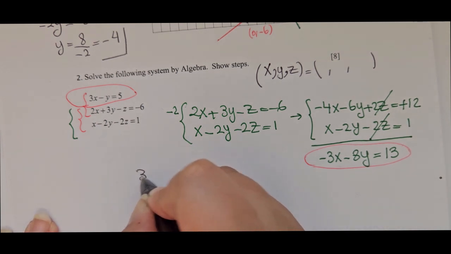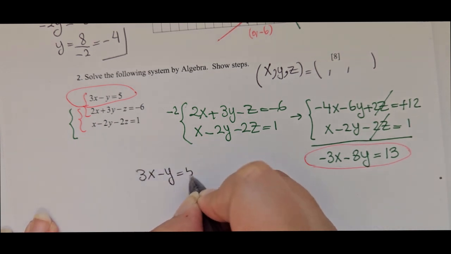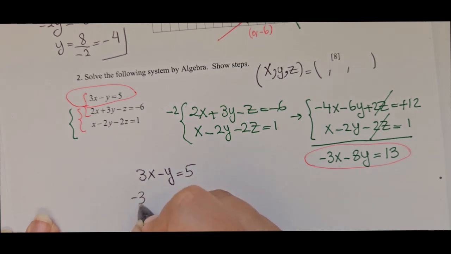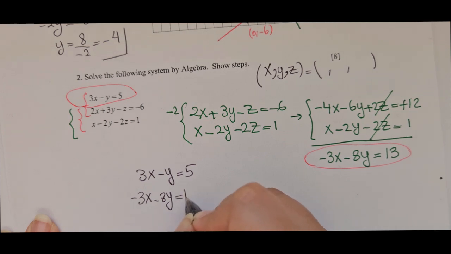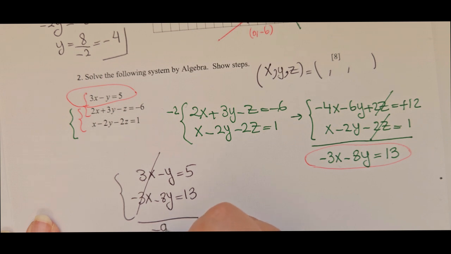So I have 3x minus y equal to 5. The other one is -3x minus 8y equal to 13. The good thing is here the coefficient of x is the same with opposite sign, so this will cancel out. So it would be -9y equal to 18.